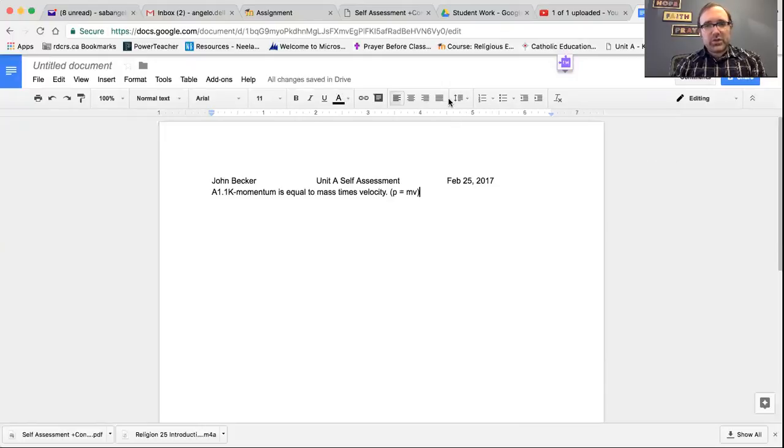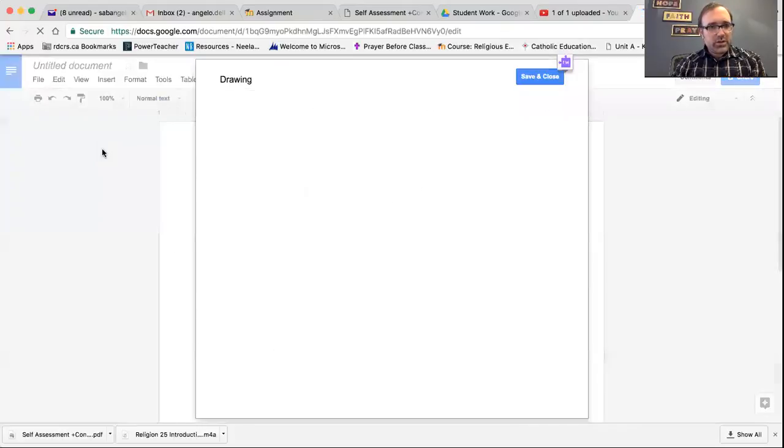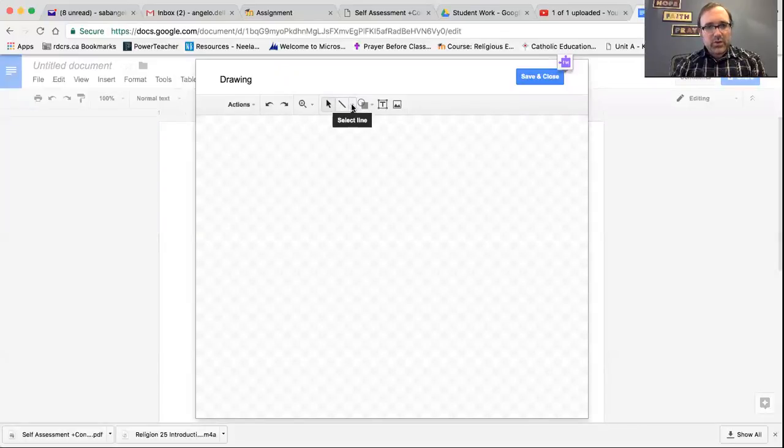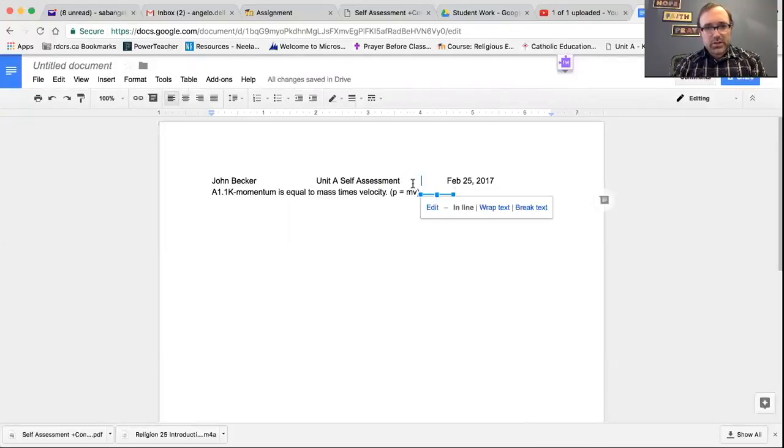So you would have to draw in some lines. If I'm not mistaken, you have to insert a drawing. And then we need to put in our arrowheads because those are vector quantities. Here's my arrowhead. Okay. Save and close. But now I have to put this above and make my arrowhead way smaller.